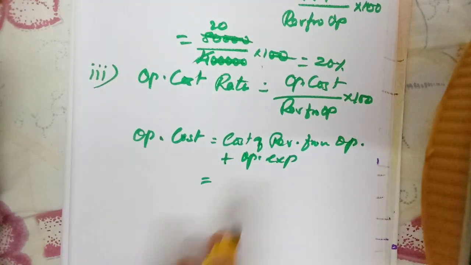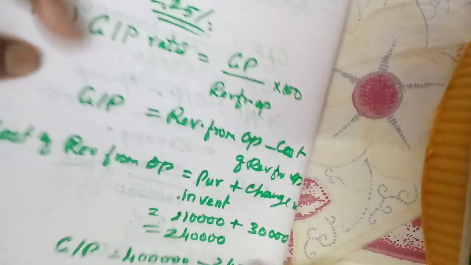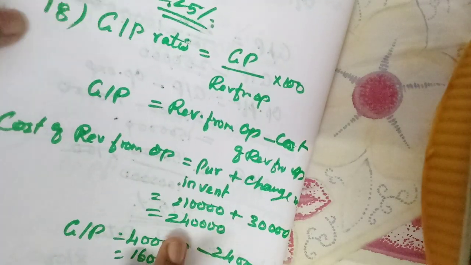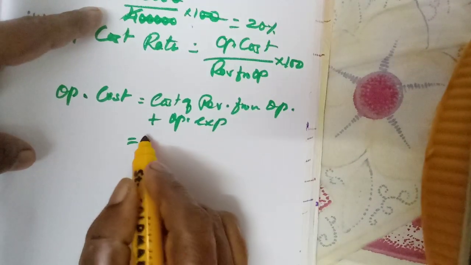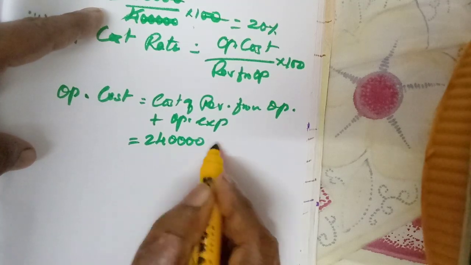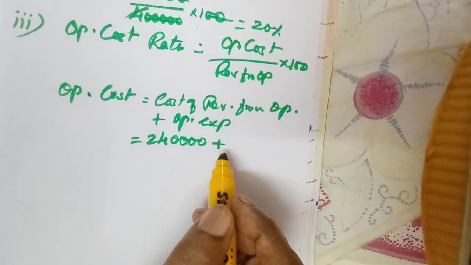Already we have calculated cost of revenue from operation, in this problem 2,40,000, isn't it? Plus operating expenses, which we have to calculate.